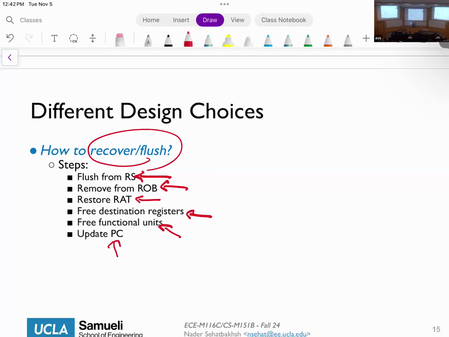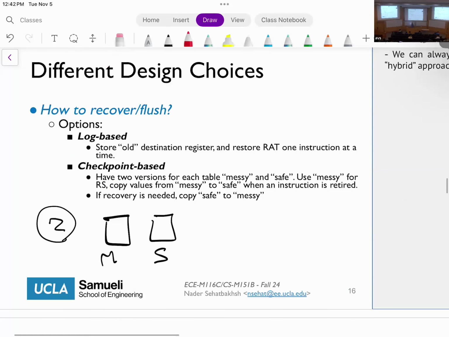And as I said, I can either do a log-based approach, where I keep a log of things after every single cycle, or typically another faster way, but a little bit more expensive, is that I have a copy of things. So I always just copy from the messy one to the safe one when an instruction is committed, right?